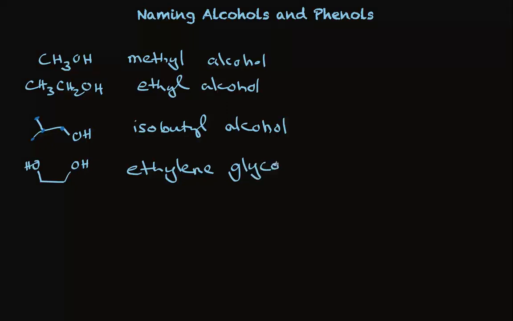This is an important compound industrially, and it's an important compound to you guys because it's the key constituent in antifreeze that keeps our radiators from freezing up in the winter. Or a close cousin is used, a compound that has 3 carbons, propylene glycol, also made from propylene.